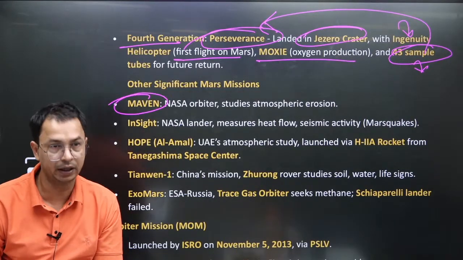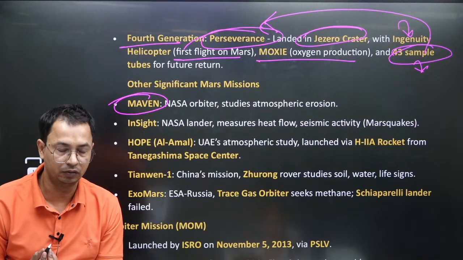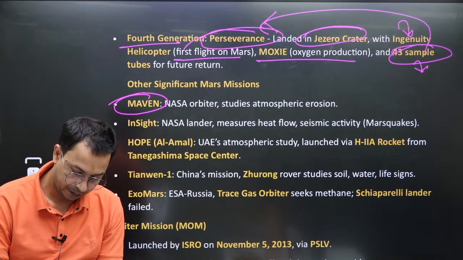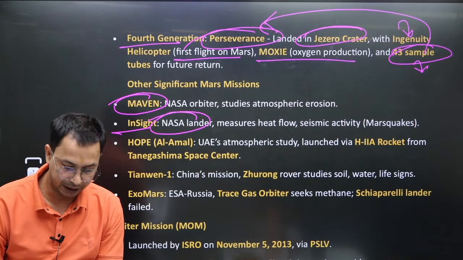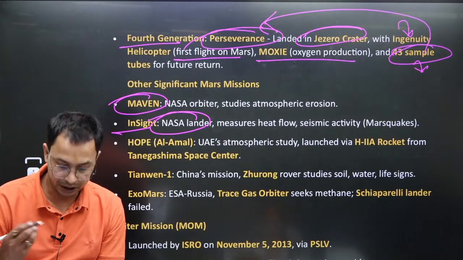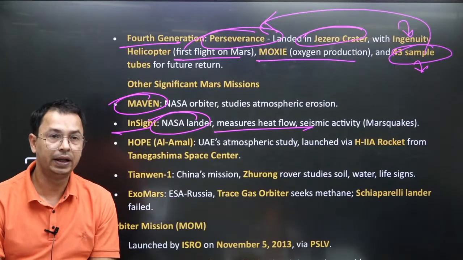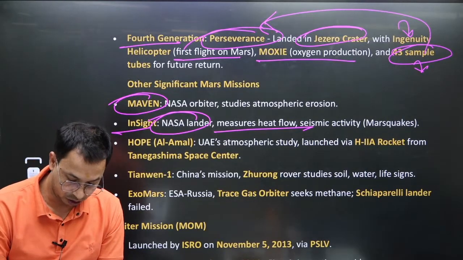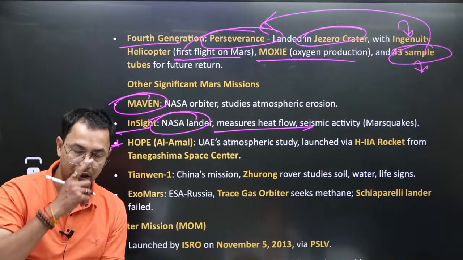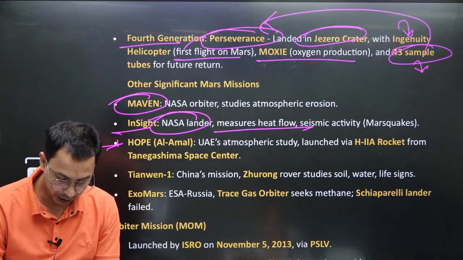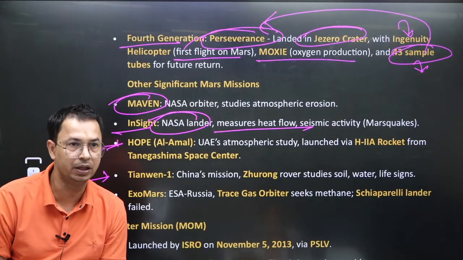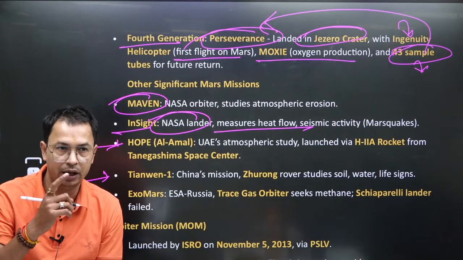Then there is an orbiter for Mars. It is the orbiter of NASA, that is MAVEN. Then InSight is the lander of NASA. InSight will study the Mars quakes. Then there is one mission of Mars that is called Hope, Al-Amal. Hope is the mission of the UAE. Then we have the Tianwen 1 mission. Tianwen means question to the heavens.